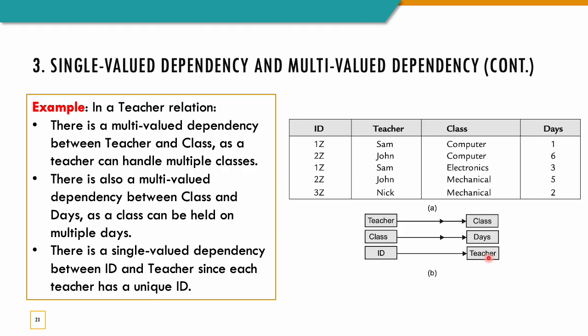For example, 1Z corresponds to Sam, and 2Z corresponds to John. This is a single-valued dependency because each ID determines one and only one teacher.